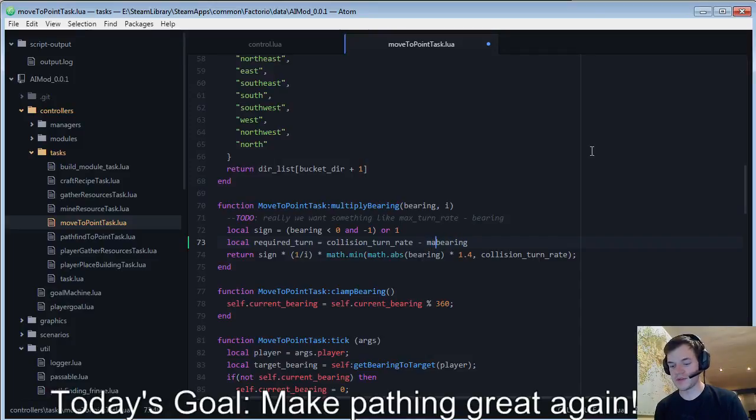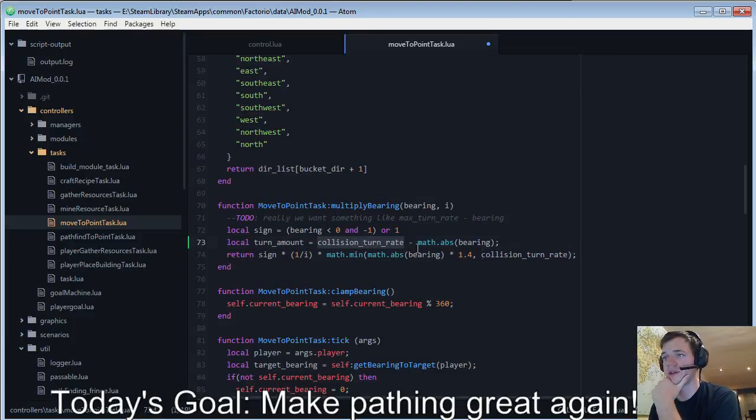To math.abs. So basically what this is going to do is, if the bearing to the target is very small, then I want the turn amount, let's call this turn amount, to stay quite high.